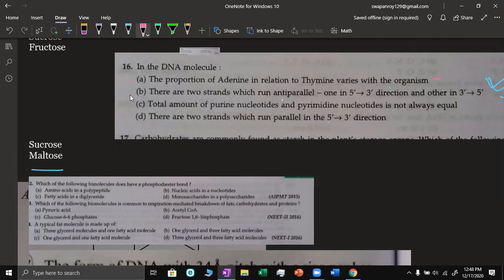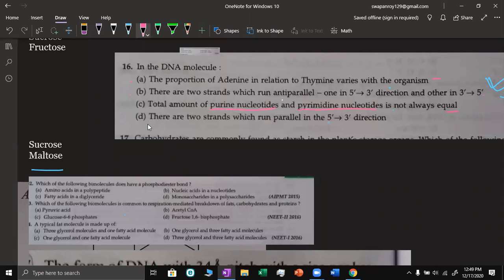Option B, there are two strands which run anti-parallel, one in the 5 prime to 3 prime direction and the other 3 prime to 5 prime direction. Option C, the total amount of purine nucleotides and pyrimidine nucleotides is not always equal.